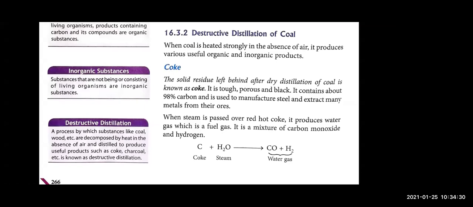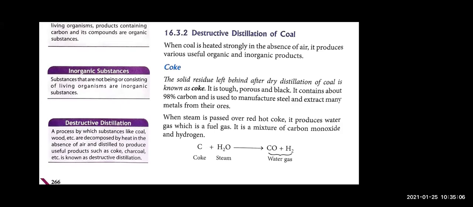Destructive distillation of coal. So children, destructive distillation, what does it mean? It is a process by which we produce useful products like coke, charcoal, by heating coal and wood at very high temperature in absence of air.